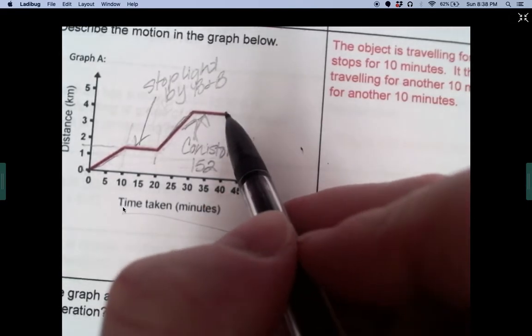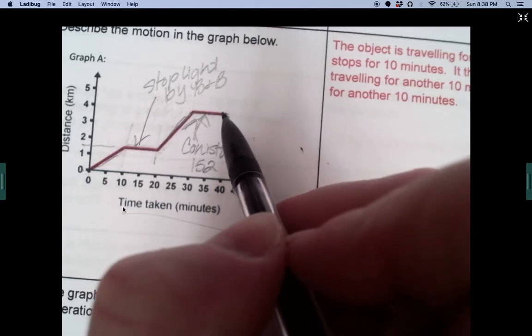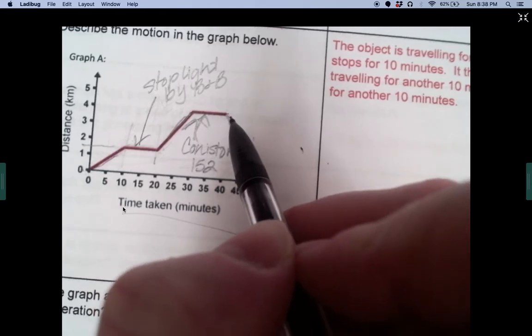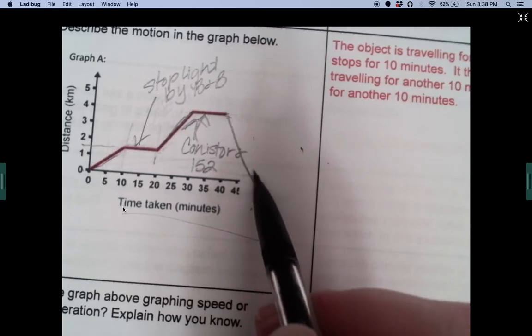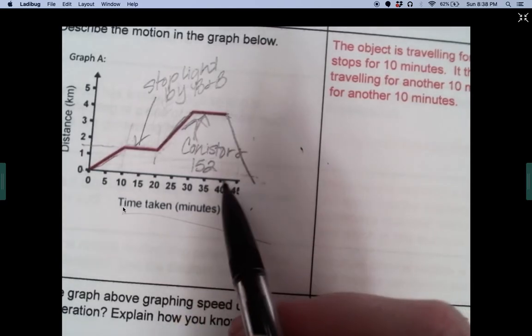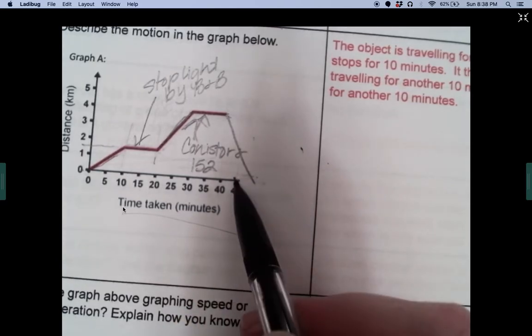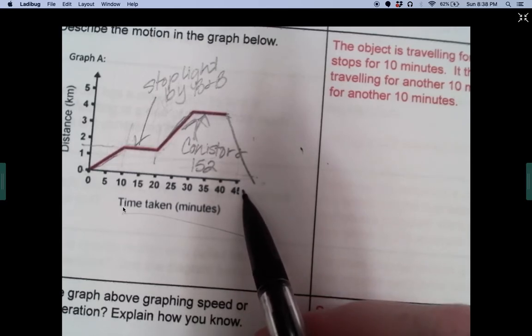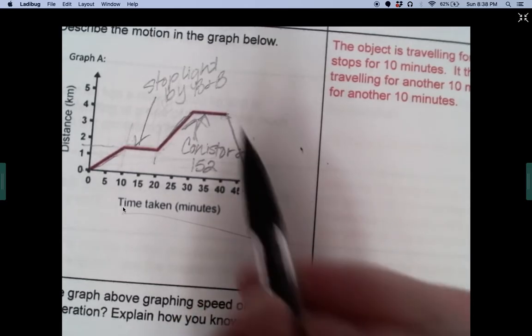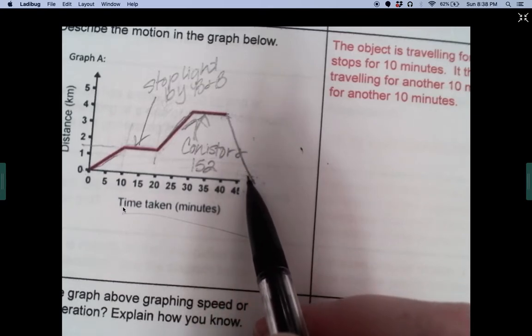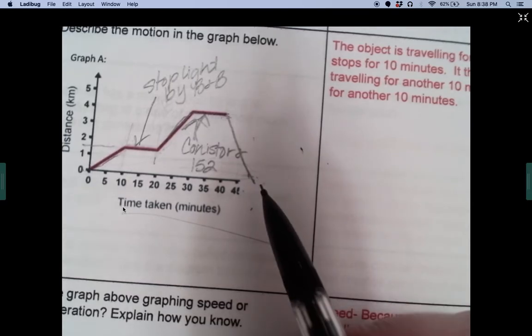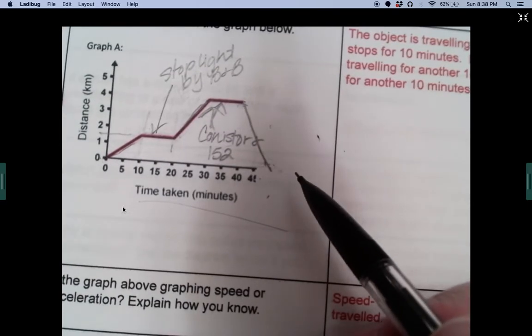The farthest distance away I got was 4 kilometers, but then I turned around, and as time goes, because time is going to continue to increase, I just happened to stop it here. So time continues to go, but my distance is going to reduce back down to 0. I hope that helps on that one. Let me know if you have any questions on this. We can talk about it more in depth if you would like.